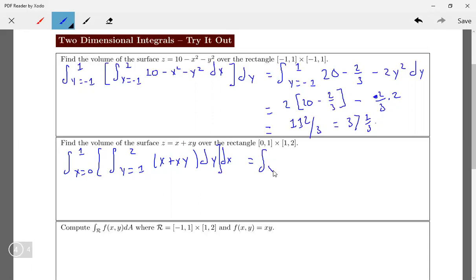So this is the integral x equals 0 to 1. As far as y is concerned, x is a constant. So the integral of x from y equals 1 to y equals 2 is just x. The integral of xy from y equals 1 to y equals 2 is going to be x over 2 times 2 squared minus 1, which is 3.